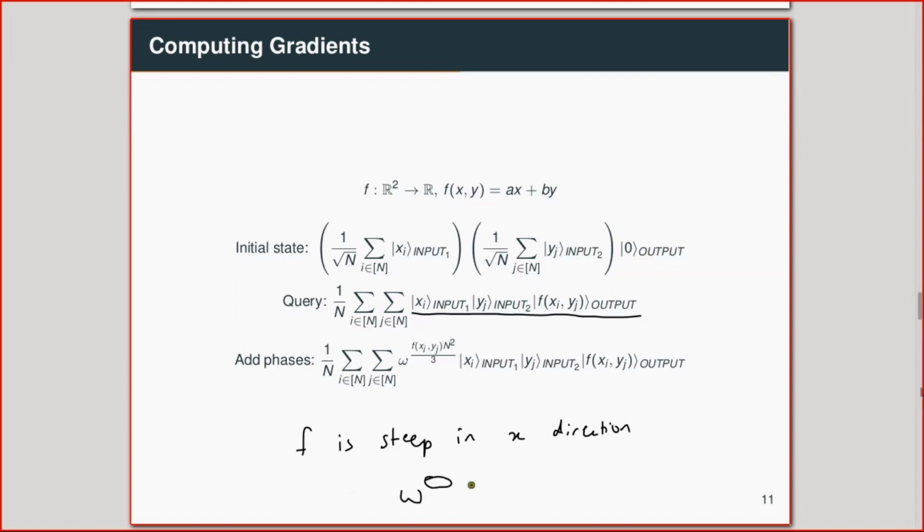So you have x1, y1 along with some coefficient of omega. x2, y1 will also have some coefficient of omega, but this will be much larger than this because f is steep in the x direction. So as we move from x1 to x2, f of xi, yj is increasing fast. So this exponent of omega is also increasing quite fast. That's the idea behind this.